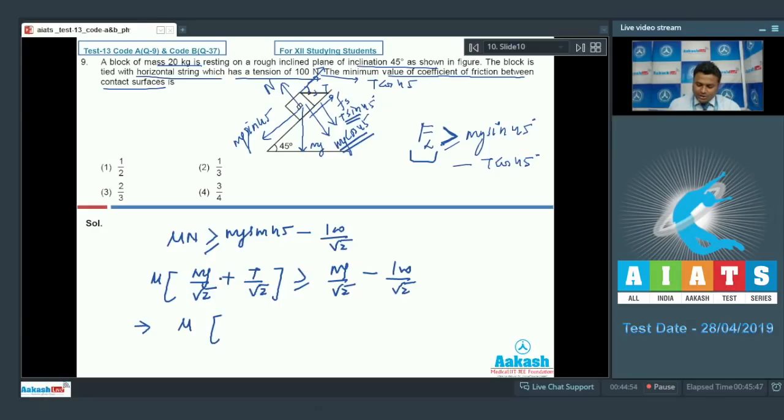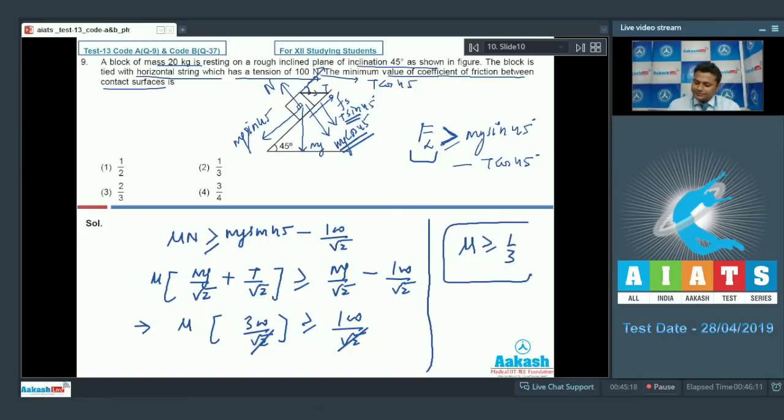So we can write 200 upon root 2 plus T, which is 100, that is 300 upon root 2 on this side, greater than or equal to 200 upon root 2 minus 100 upon root 2, that is 100 upon root 2 on this side. Root 2 cancels out. We get the value of mu greater than or equal to 100 upon 300, that is 1 by 3.